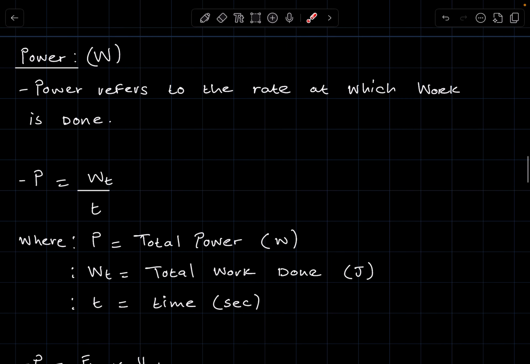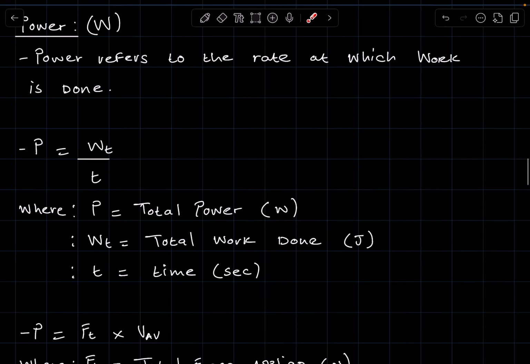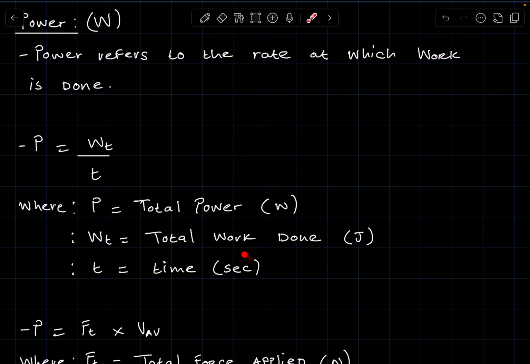So this is where P is the total power in watts. W_T is the total work done, and work done is in joules, and the T stands for time in seconds.